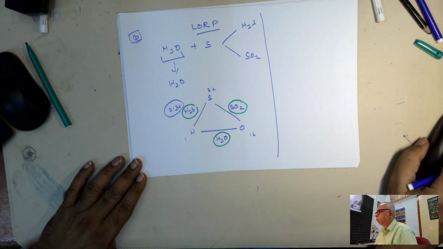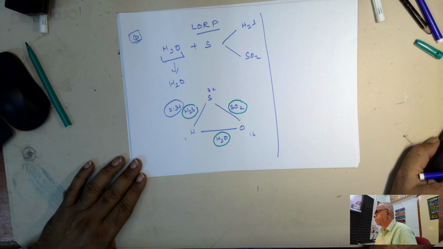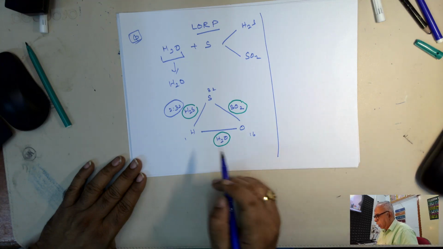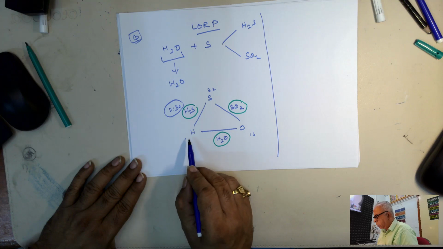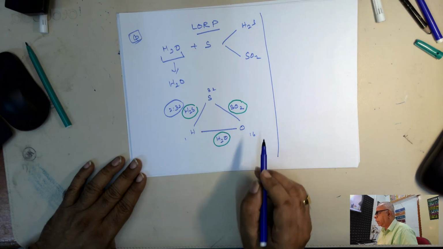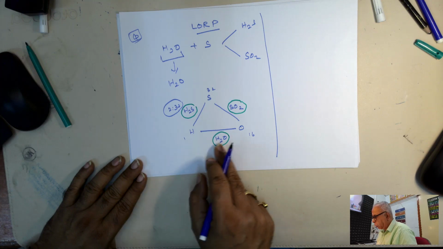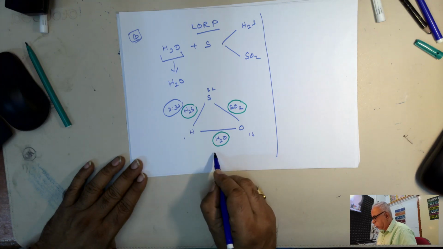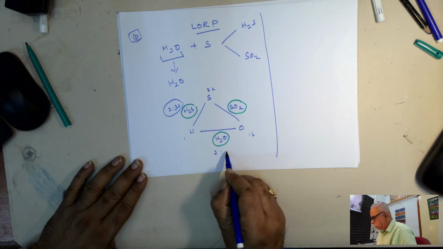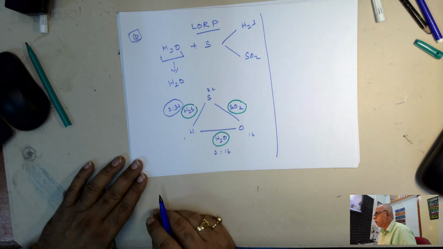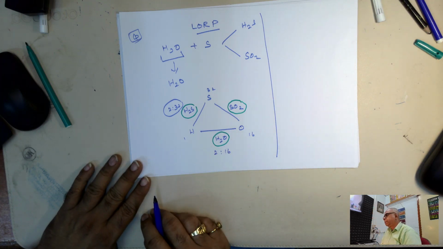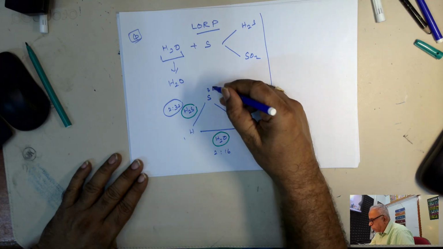Got it? Okay? Done? And what about hydrogen and oxygen? H2 is to oxygen. So 2 is to how much? 16. Right? And what about these two?